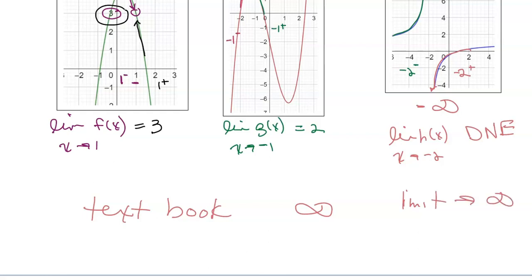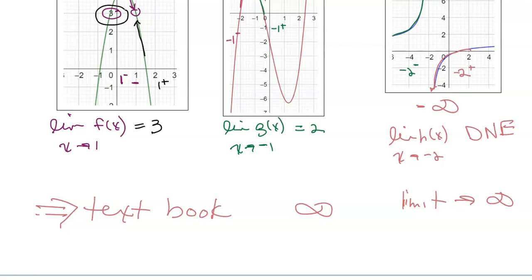Many other textbooks, if you are approaching infinity, because you're not approaching a number, they say the limit does not exist. So I'm going to go with our textbook just so it's common between what you're reading and what I'm saying. But know that in other textbooks, they may have a different terminology.